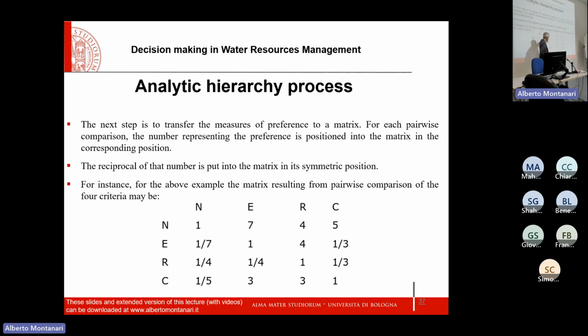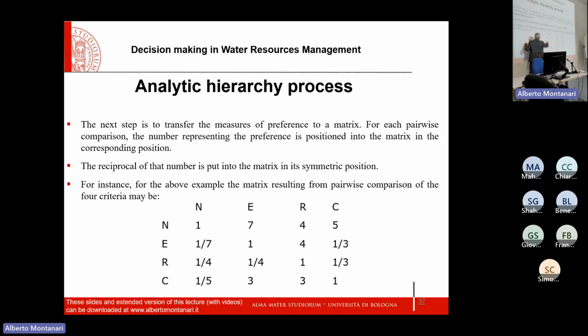And then keep in mind that when you go to the anti-symmetric, the symmetric position in the matrix, so when you compare the environmental impact with the net benefit, by definition, you should put the reciprocal number here. So here you see I gave a score of 7: net benefit is more important than environmental impact. When I make the comparison, environmental impact against net benefit, I have to put the reciprocal here.